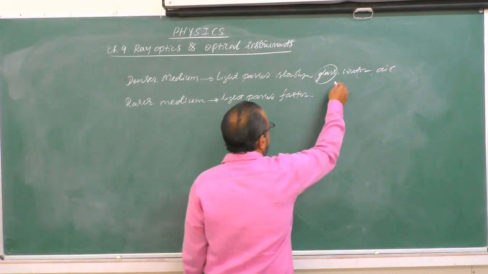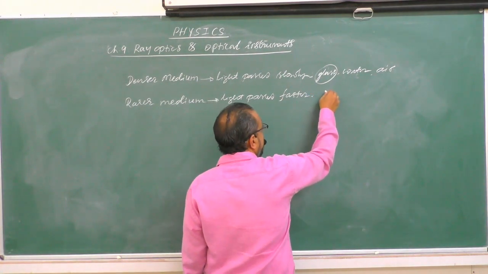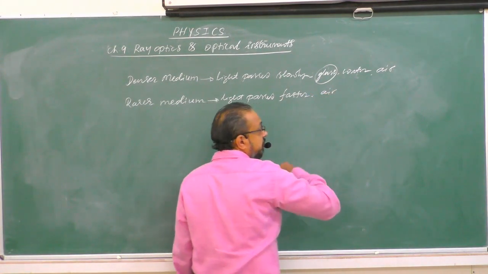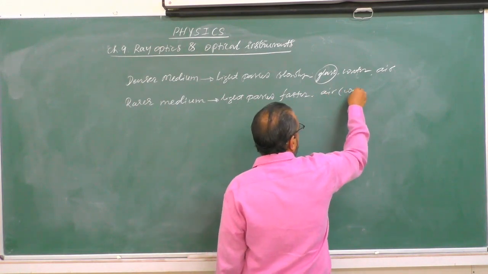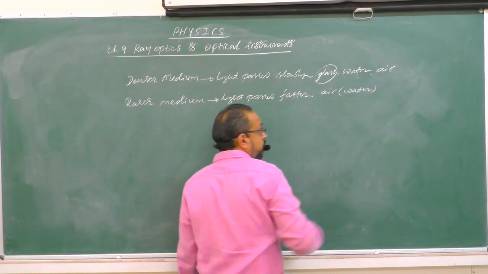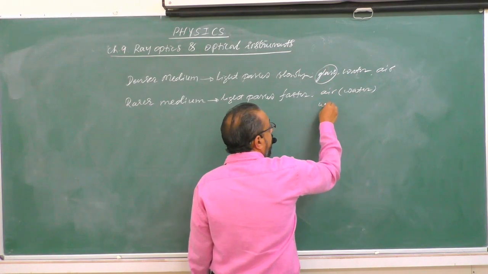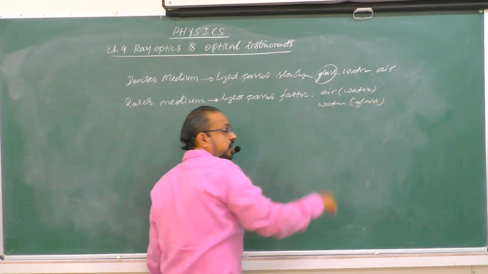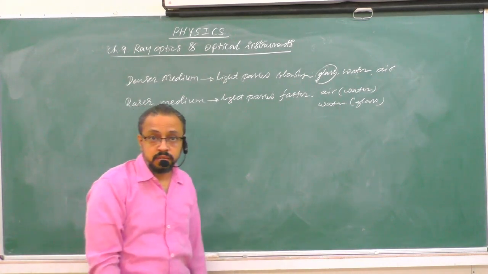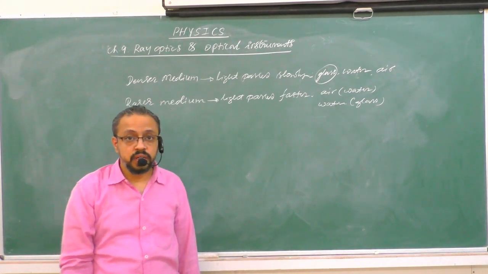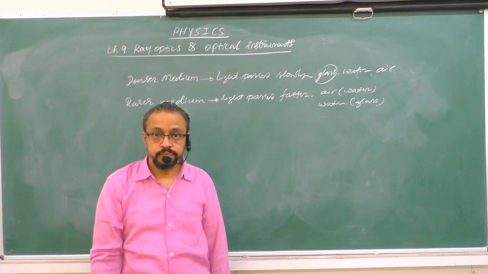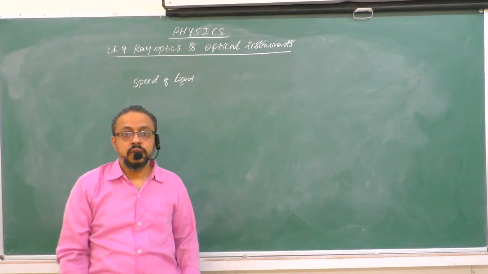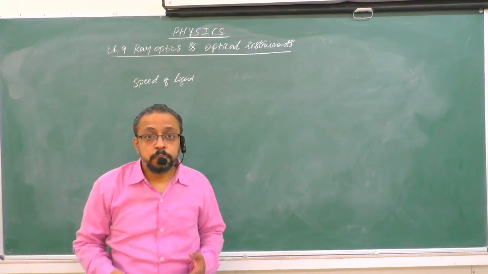As I already said, air is rarer in comparison with other mediums like water. When you compare water with glass, water is the rarer medium and glass becomes the denser medium. This is how we have to guess about these things. Now I am talking about the speed of light.